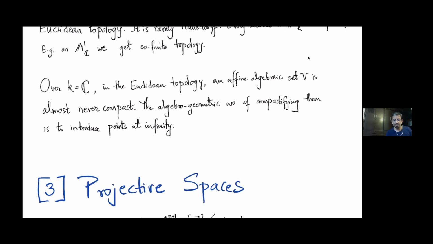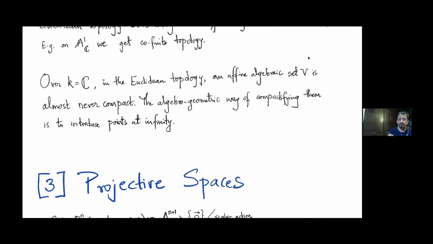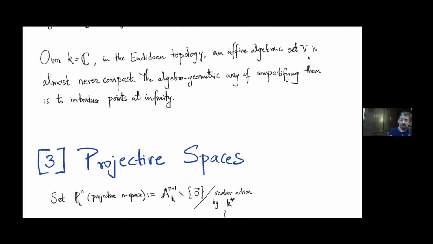So an algebraic geometry way of compactifying them is to introduce points at infinity. That brings the next topic, which is projective spaces.